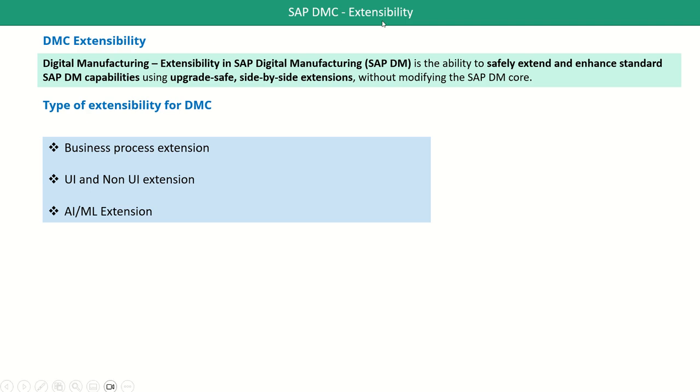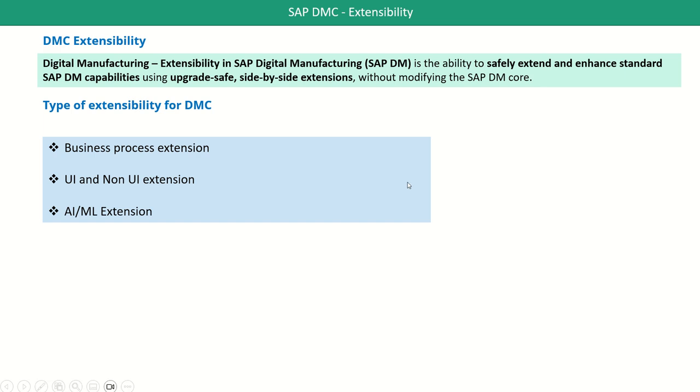Now coming to the SAP Digital Manufacturing extensibility. The extensibility, the meaning is that SAP Digital Manufacturing has provided the functionality, but we need some new functionality or we want to enhance an existing functionality.